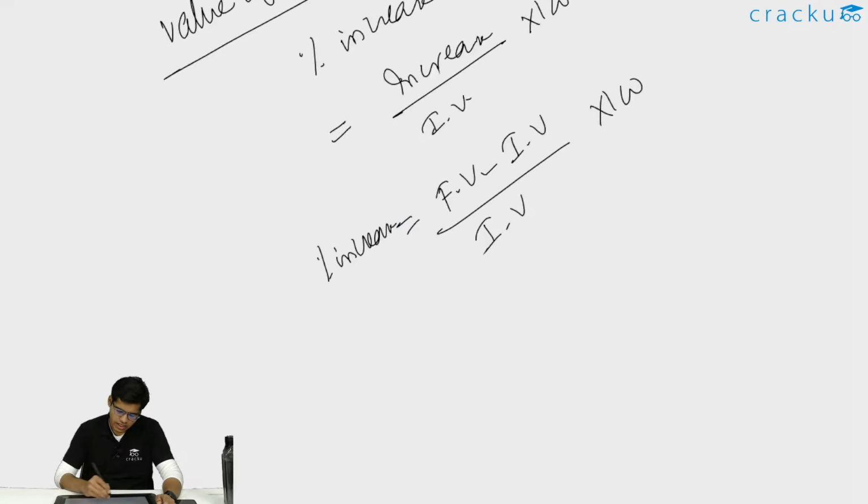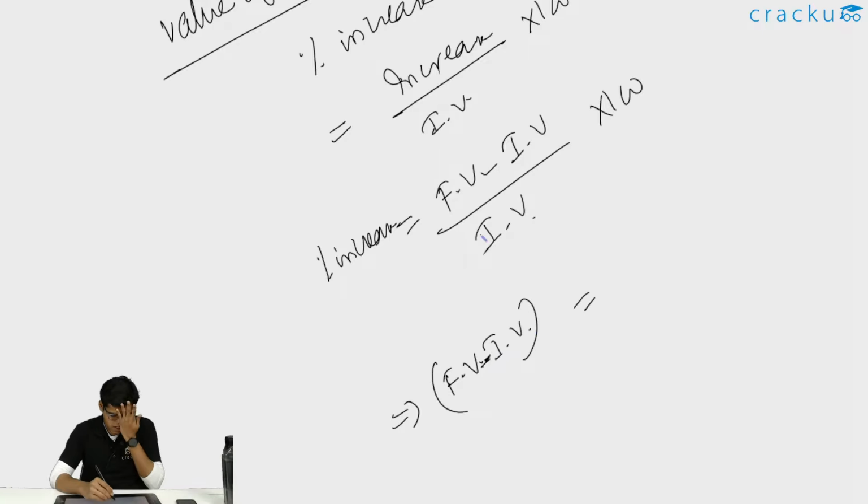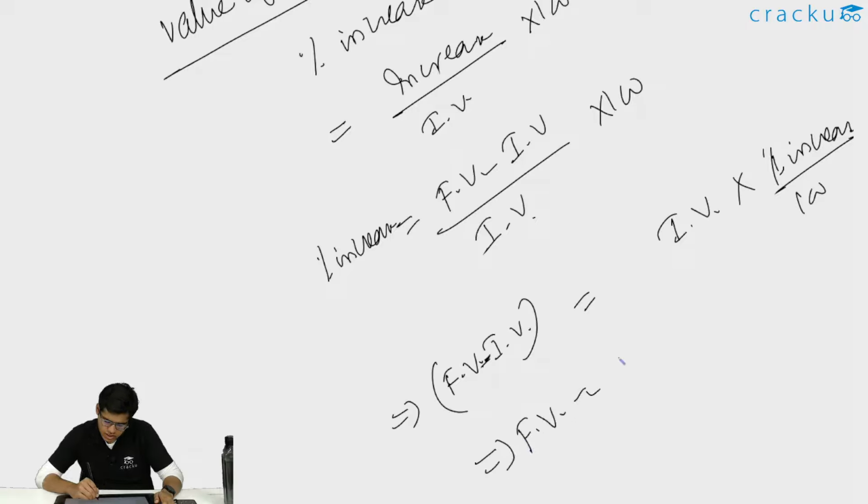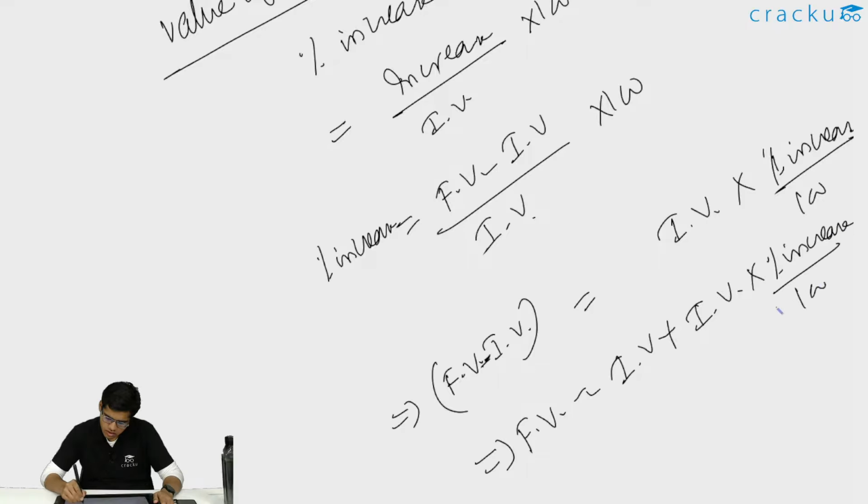So from here I can see that final value minus initial value equals initial value into percentage increase upon 100. So final value is initial value plus initial value into percentage increase upon 100.